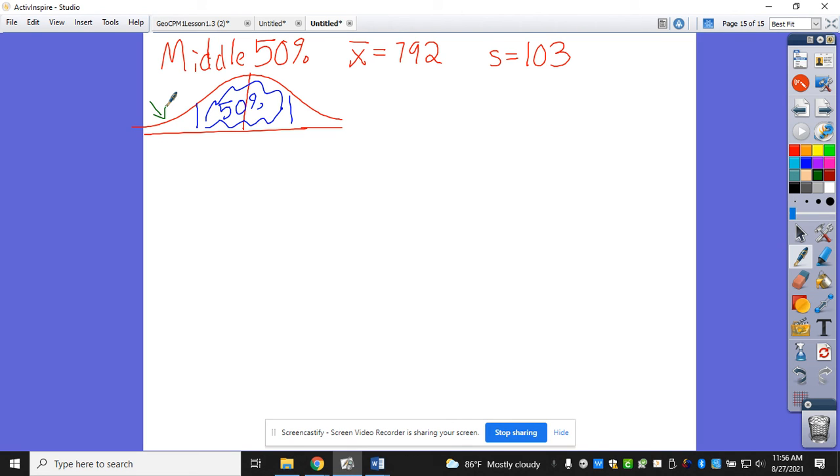If this is 25%, how much is that? Questions? Divide this by 2 and subtract from 0.5. So go ahead and look up 0.2500 in your chart. What's the closest? 0.67.